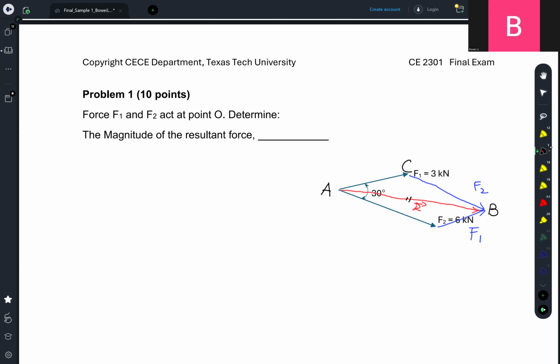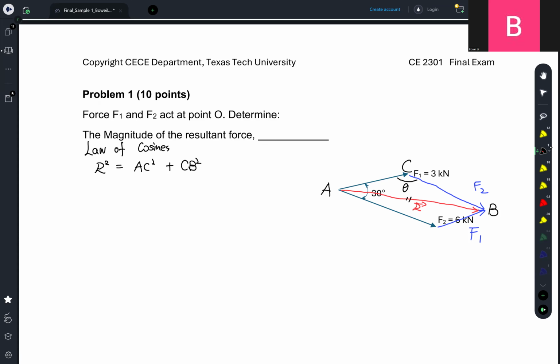Okay, but to use the law of cosine here, what do we need? We know that by the law of cosine, the square of the length of the resultant R, which is the length of side AB, equals AC squared plus CB squared, right?